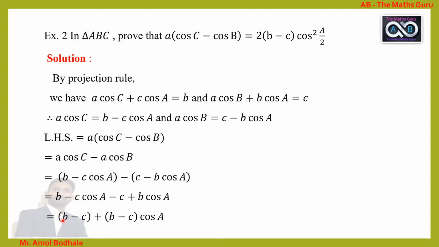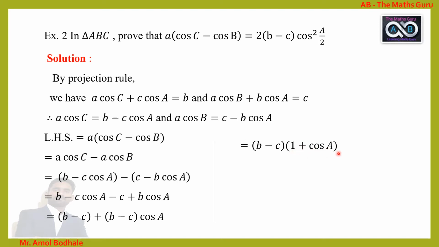A common. So we'll get b minus c in another term. Here the first term contains b minus c, and the second term also contains b minus c, so we can take b minus c common. If we take b minus c common in the bracket, 1 plus cos A will remain.